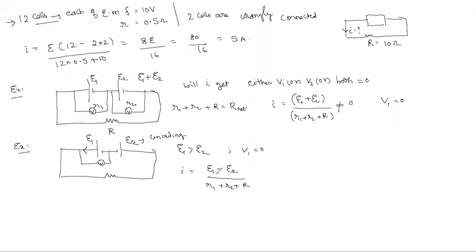This is I. Now is it discharging or charging for E1? Discharging, sir. Discharging means what is the formula? V equals to E minus IR. Very good. V1 equals to E1 minus IR1. If V1 equals to 0, then 0 equals to E1 minus IR1, so IR1 equals to E1.